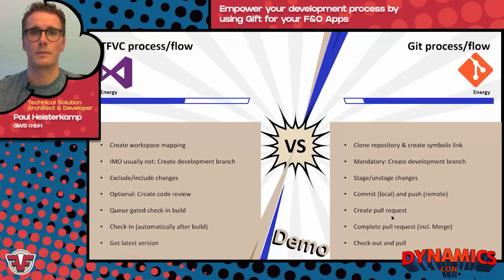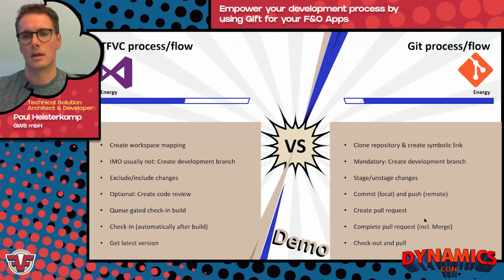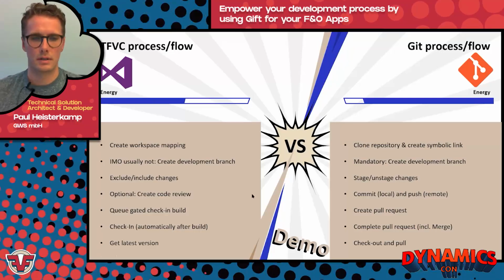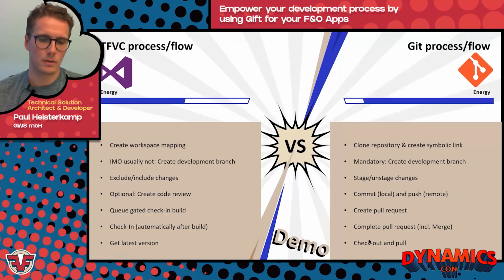So the pull request includes a build. Then you're checking in with TFVC, and with Git, when you complete the pull request, it is committing the changes and merging them into the target branch. Then you're doing get latest version, and with Git you're doing checkout and pull, so that you're getting the latest version to your local branch.